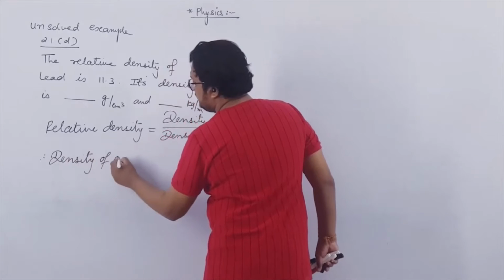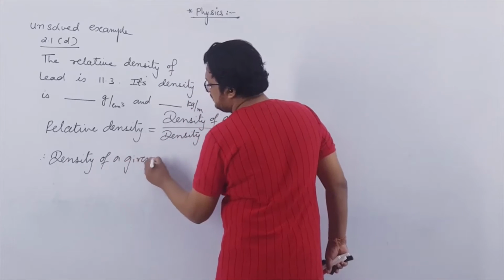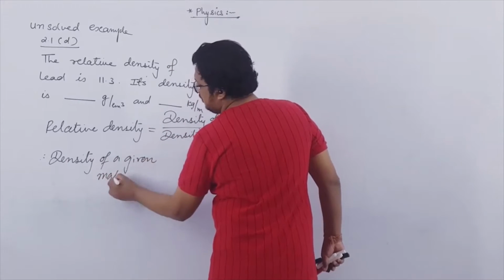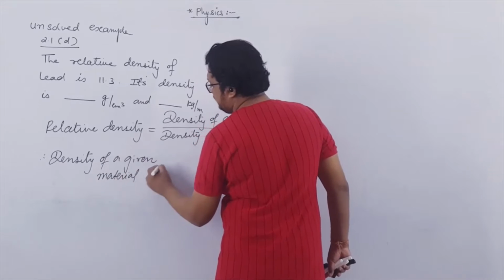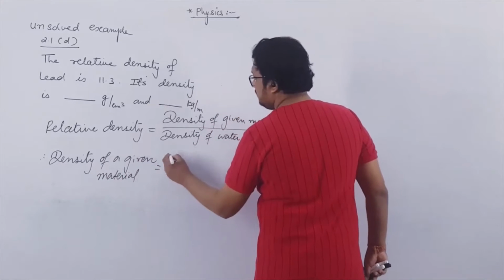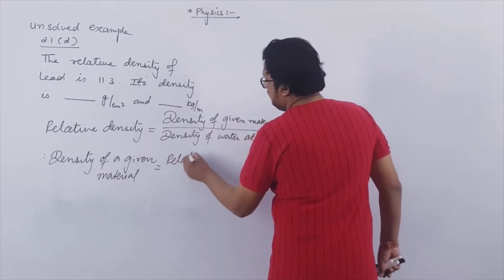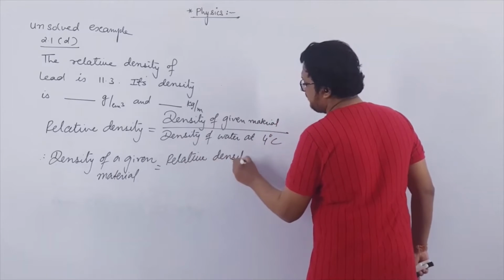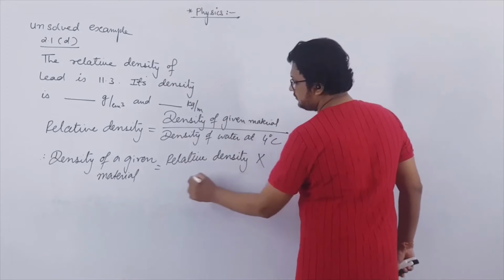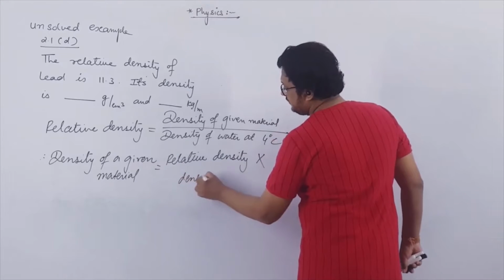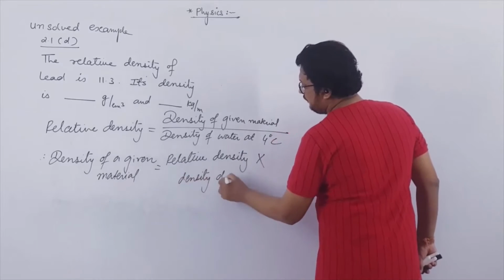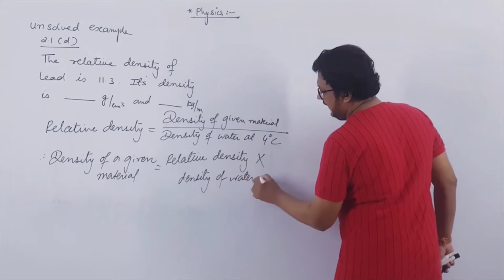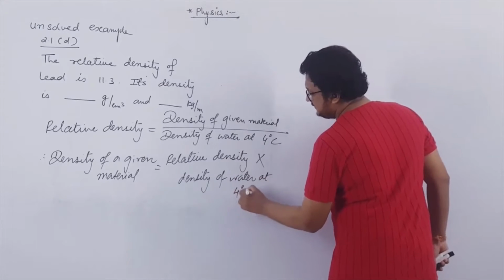So therefore we can say that the density of a given material, or a substance or an object, will be equal to relative density into the density of water at 4 degrees Celsius.